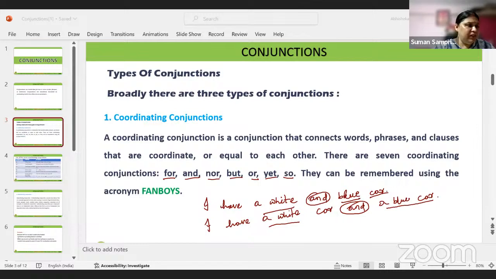And yes, that's what I was trying to say: it connects two parts that are equally important. And yes, Ayush, good evening.